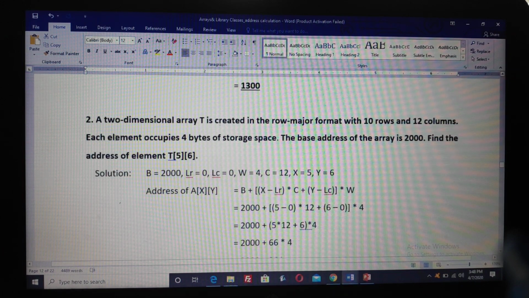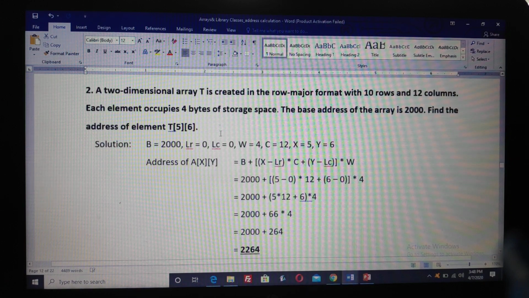And in a two-dimensional array, in this another question, you can see that 10 rows and 12 columns is written in a little different way. A two-dimensional array T is created in row measure format with 10 rows and 12 columns. Its element occupies 4 bytes of storage space. The base address of the array is 2000. Find the address of element 5, 6.